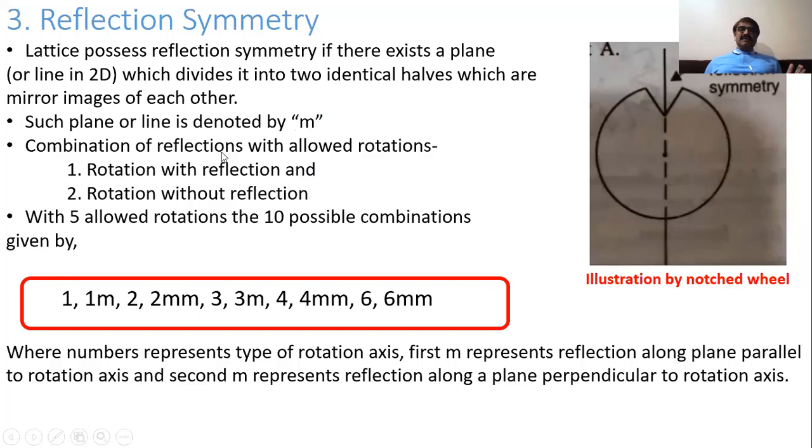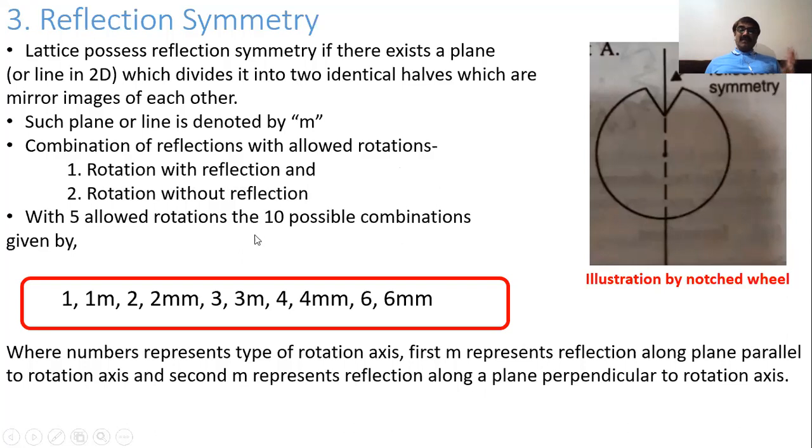If we consider reflection along with rotations, you will find that there are two types of possible combinations: one is rotation with reflection, and the second is rotation without reflection. In this way, we find that for crystals or lattices, there are allowed rotations: 1, 2, 3, 4, and 6.